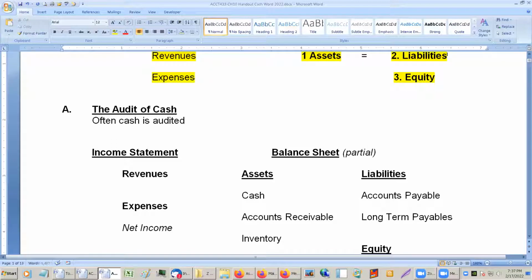Often cash is audited to the 100% level. You say, why?